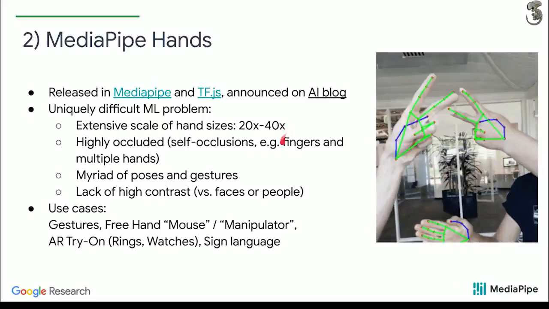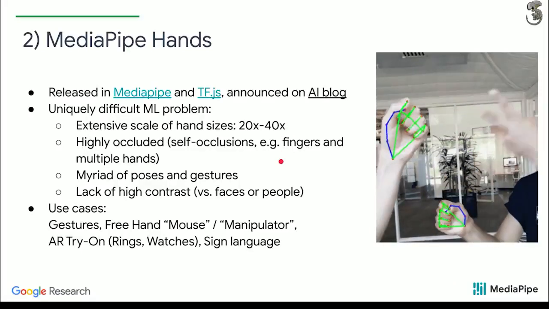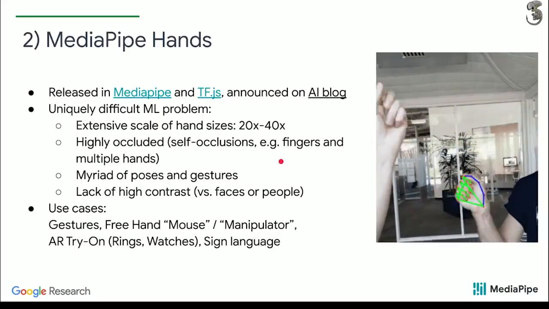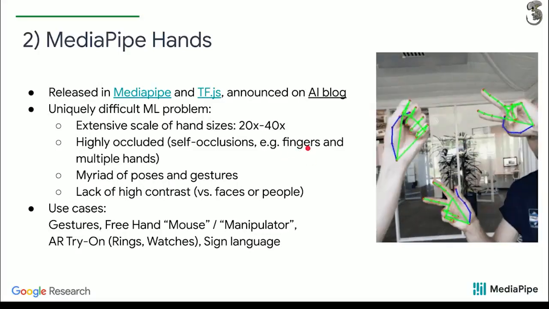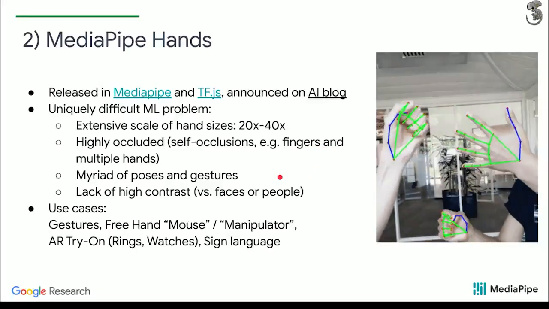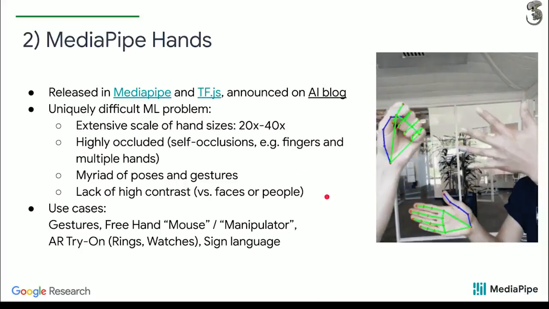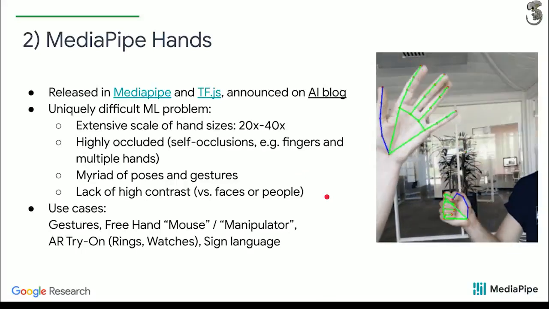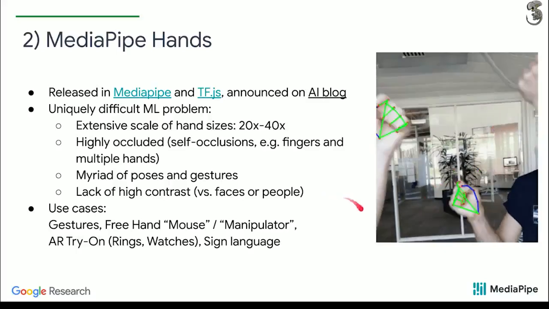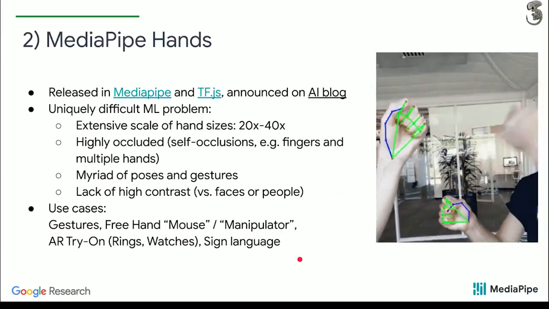They tend to be highly occluded, for example, with face or the body, and also among themselves, imagine a hand from the side where the fingers occlude each other. They come in a myriad of poses and gestures, very deformable, and they lack the contrast that you usually have when you do face or people tracking. However, once you solve it, there are a variety of very interesting applications.